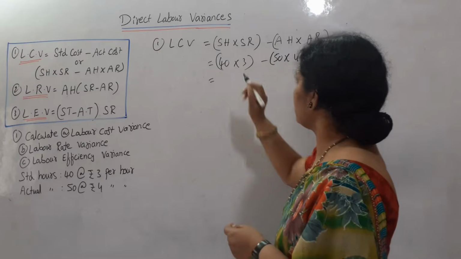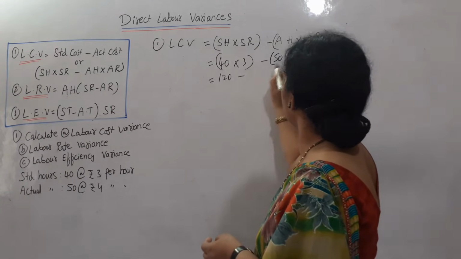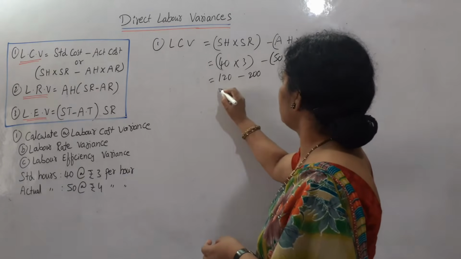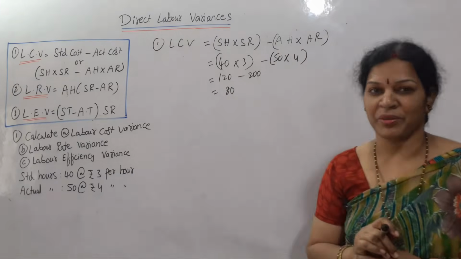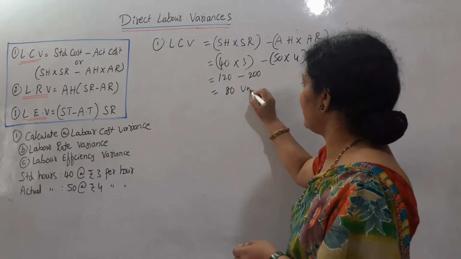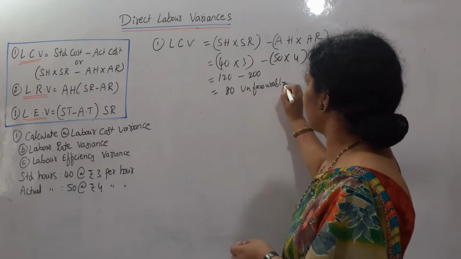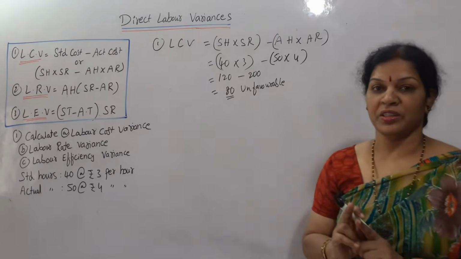If you calculate, you get 120 minus 200. The answer is 80 unfavorable. Minus value, so it is unfavorable. Labor cost variance is over.